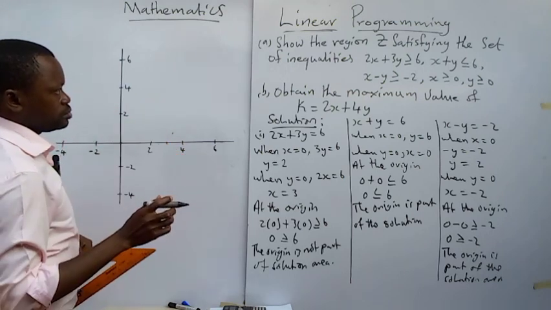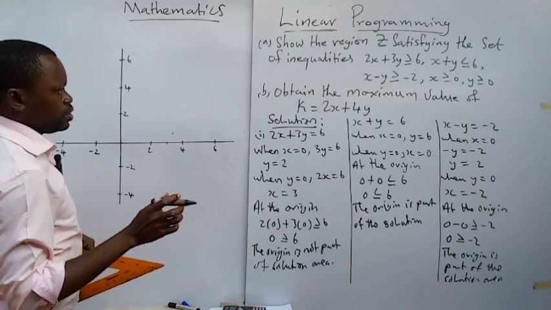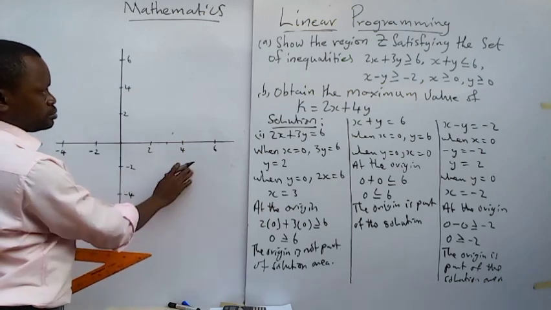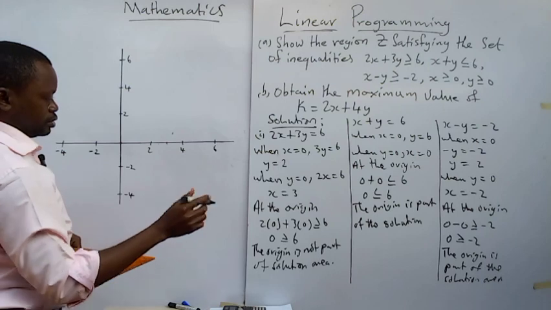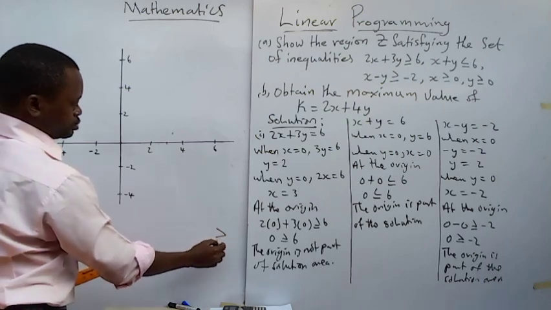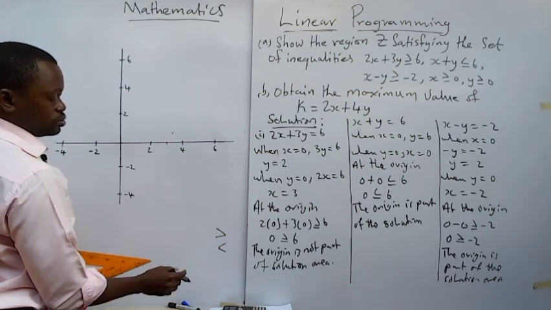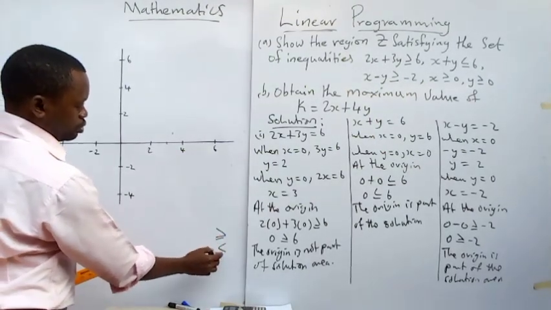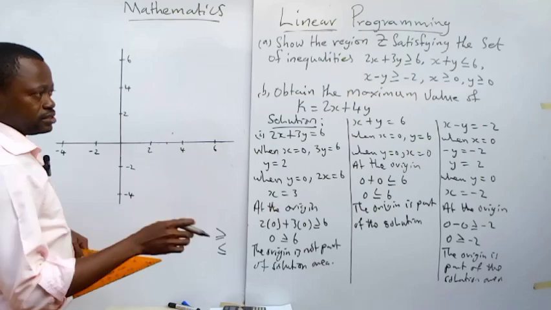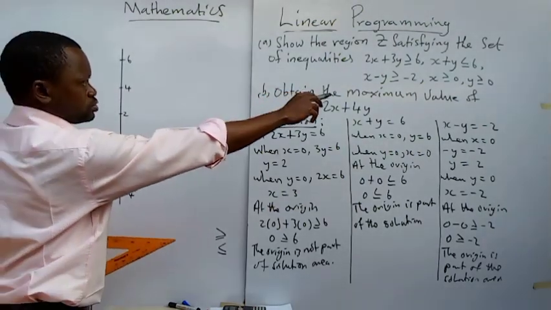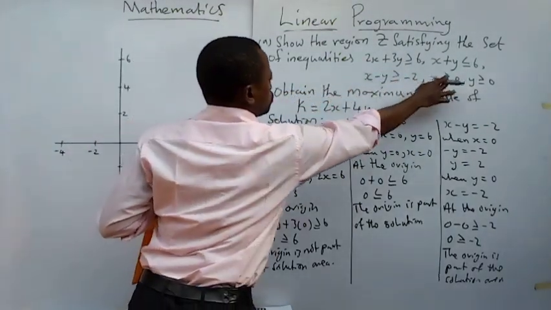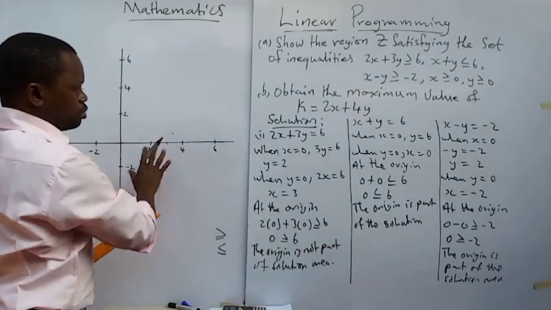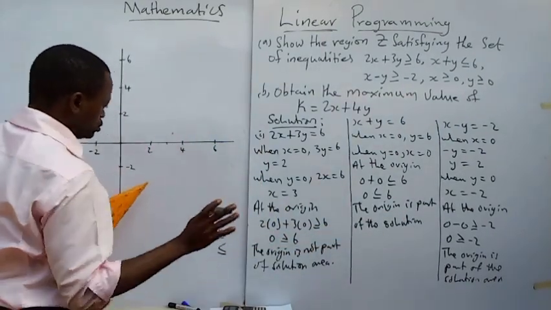Another thing is, remember that when we are drawing these lines, for greater than or less than, we use dotted lines. And for greater than or equal to or less than or equal to, we use thick lines. Of course, if you check all these ones, all of them are greater than or equals to, less than or equals to. So we are using all thick lines. Just a reminder.